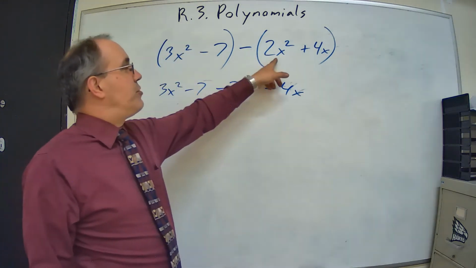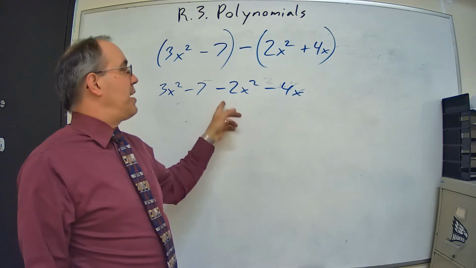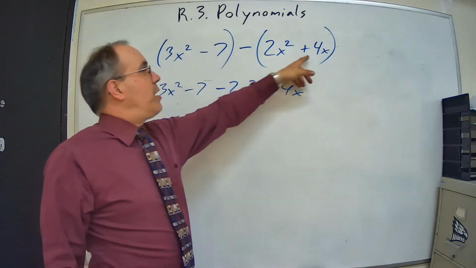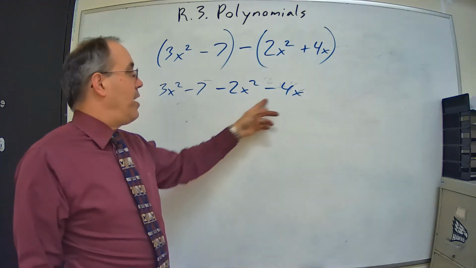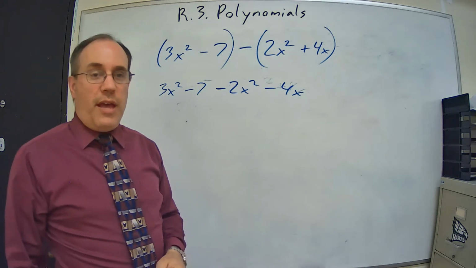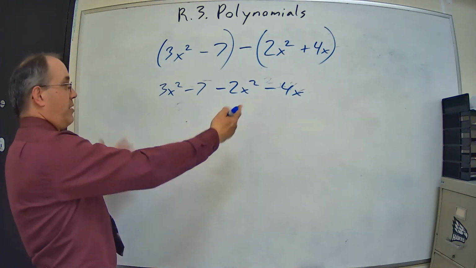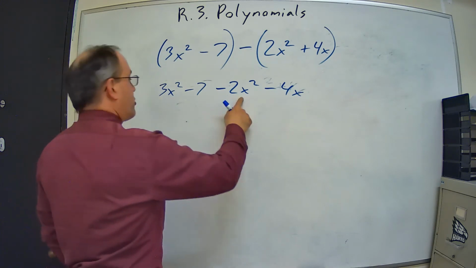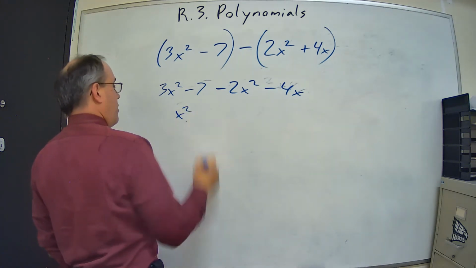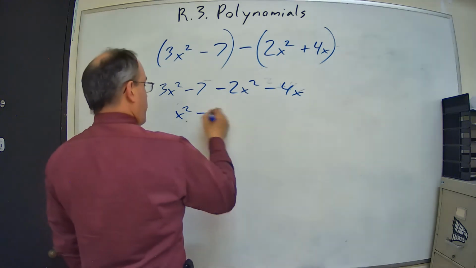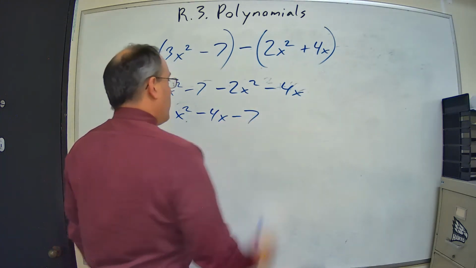Minus 1 times 2x squared gives me negative 2x squared. Minus 1 times 4x gives me negative 4x. And once I've distributed that through, again, I'm back to combining like terms. 3x squared minus 2x squared gives me x squared minus 4x minus 7.